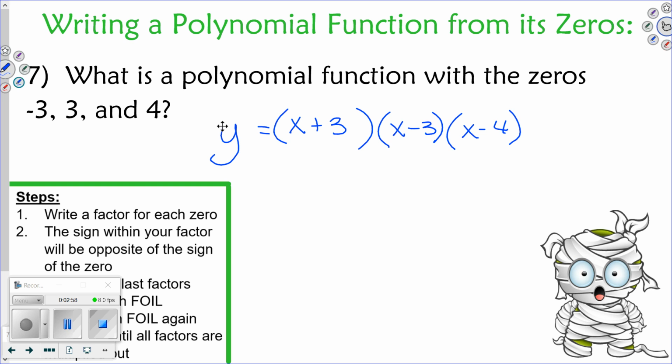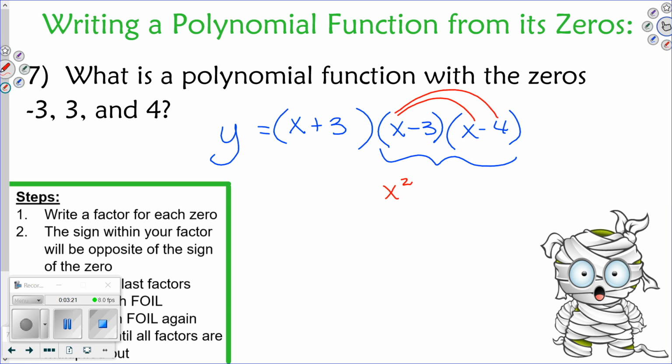My personal preference, because I like how things flow nicer, is to always start with the back 2. I start with the back 2 and kind of work my way back. It flows nicer for whatever reason for me. So let's multiply these. We have to distribute, so x times x.